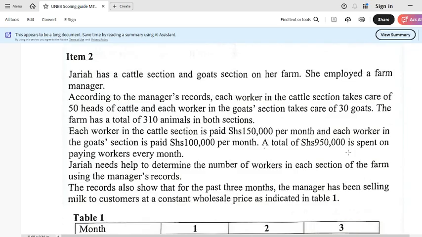When you look at item number 2, what are our expectations? We expect to meet topics like sequences and patterns, equations of lines and curves, algebra 1 and 2, mapping and relations, inequalities and regions, equation of a straight line, rectangular Cartesian plane, simultaneous equations, linear programming, and loci.